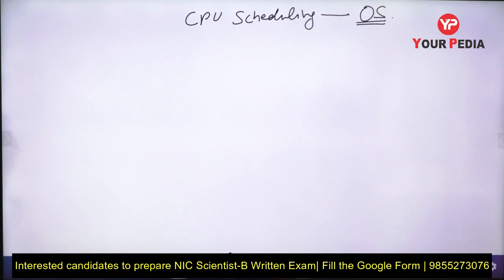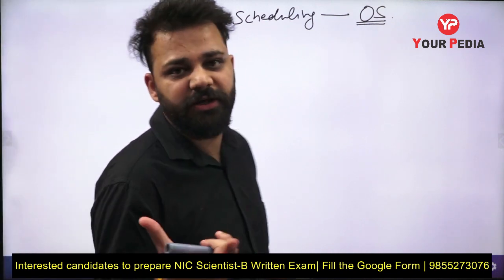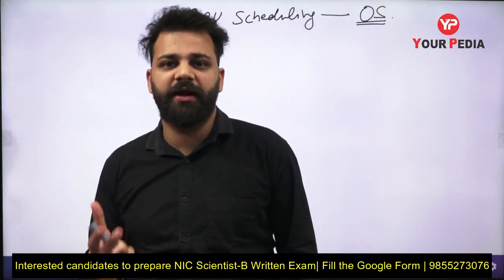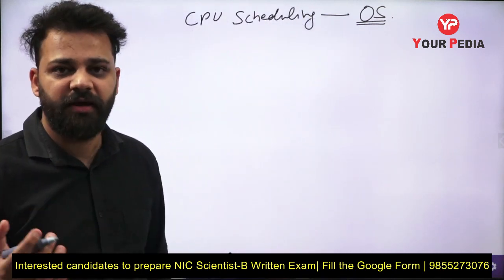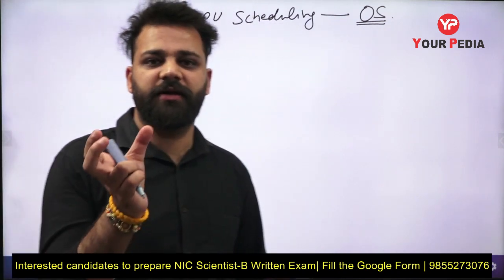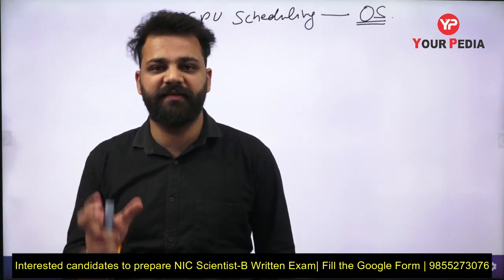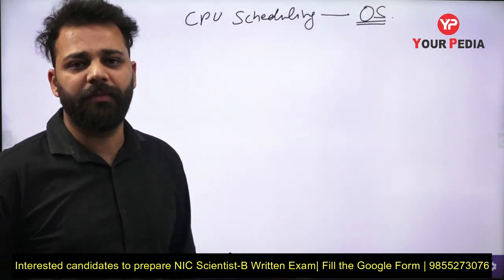There are multiple jobs that come into the CPU, and it is the job of the long-term scheduler to provide them the CPU in such a way that the execution is done in a correct way, or you can say that there is less waiting time and less turnaround time. So all the things are kept to the minimum in order to get the most efficiency out of the system.